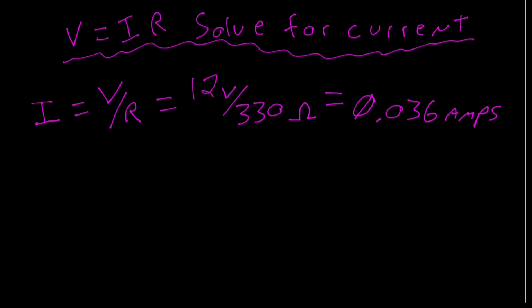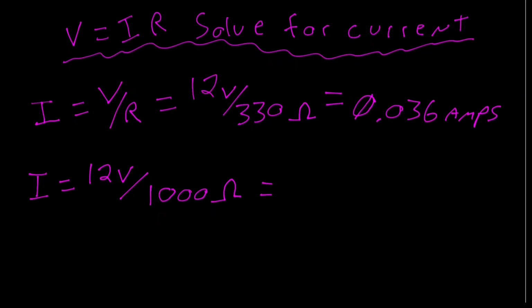So let's take another example. So same thing, same equation. We're going to solve for current. And let's keep the voltage the same. So voltage is going to be the same at 12 volts. But this time we're going to increase the resistance to a value of 1K or 1,000 ohms. So before you solve this, just think about it. So you have a constant voltage compared to the prior problem. Your resistance went from 330 ohms to 1,000 ohms.